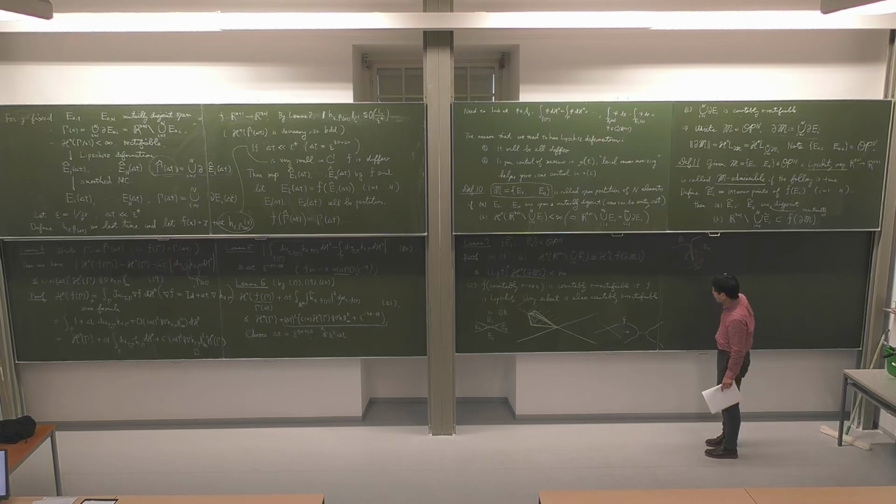And if you think about what is the E1 tilde and E2 tilde in this case, you see the image of this E2 is going to be this entire circle actually, because this part gets mapped to here.